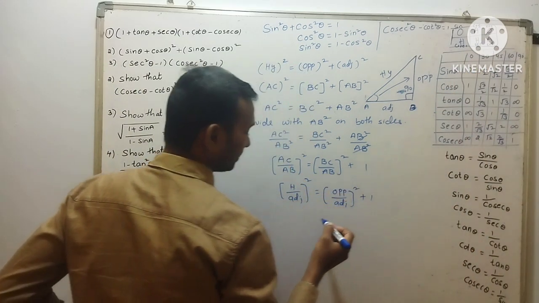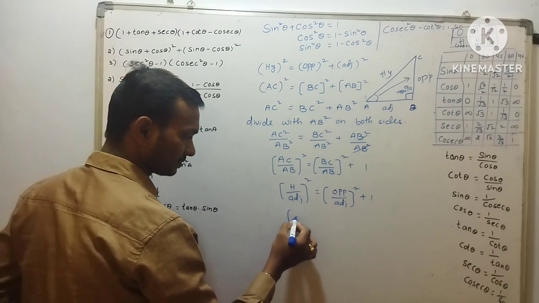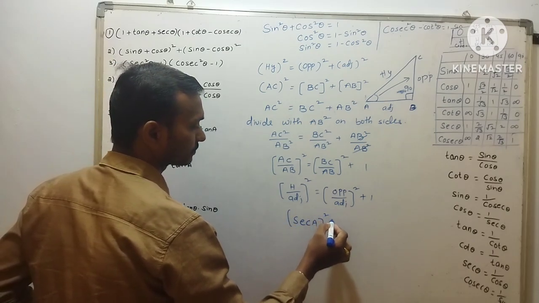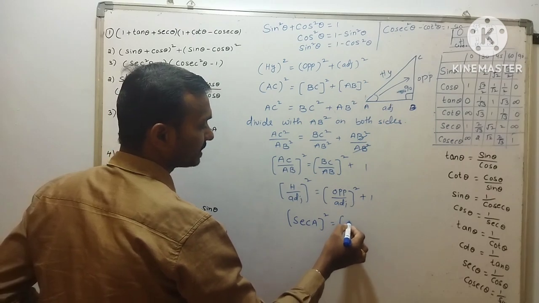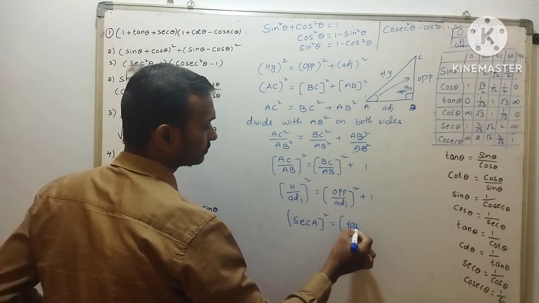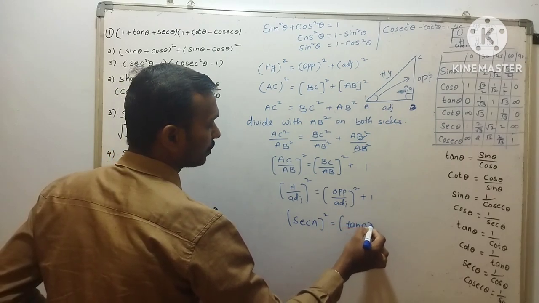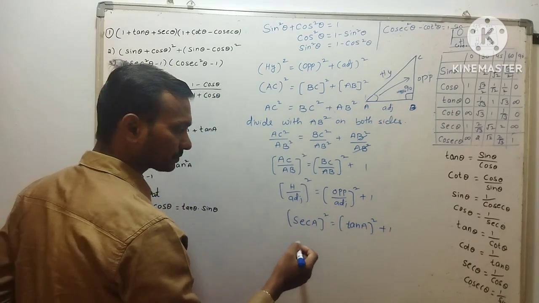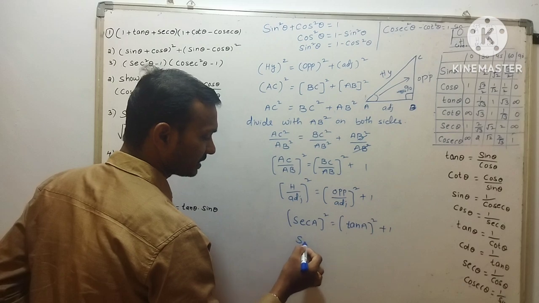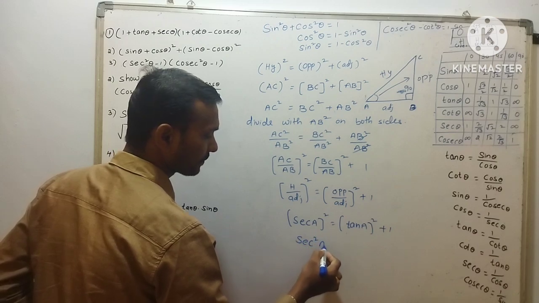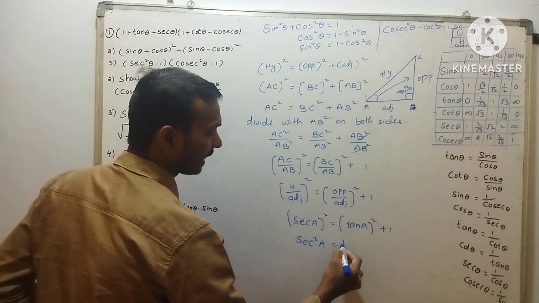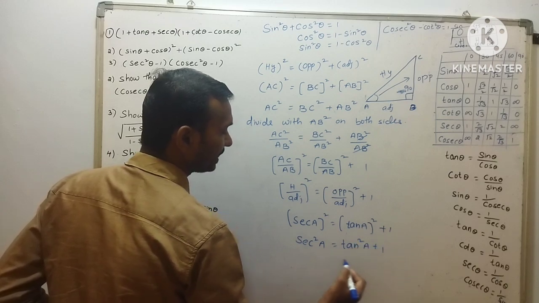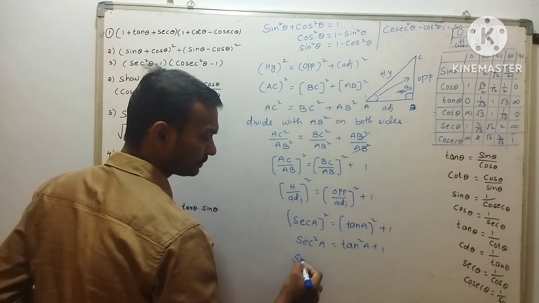Hypotenuse by adjacent is nothing but secant, so secant A whole square. Opposite by adjacent is nothing but tan, so tan A whole square. This is secant square A and this is tan square A. Now bring tan square A to the left side.